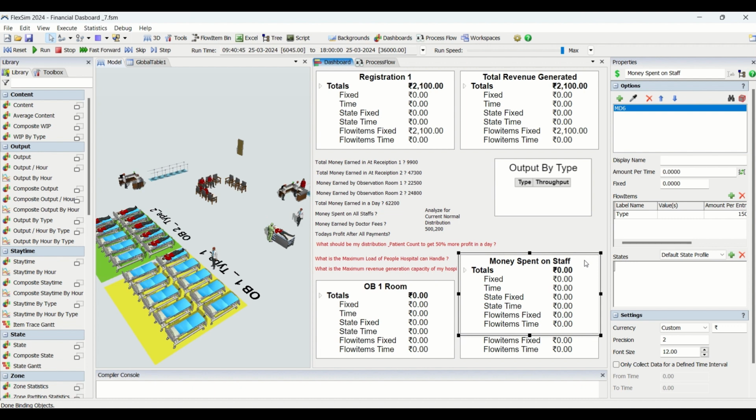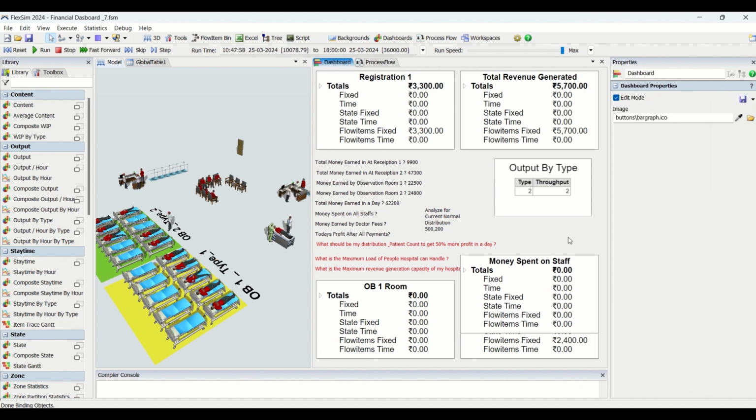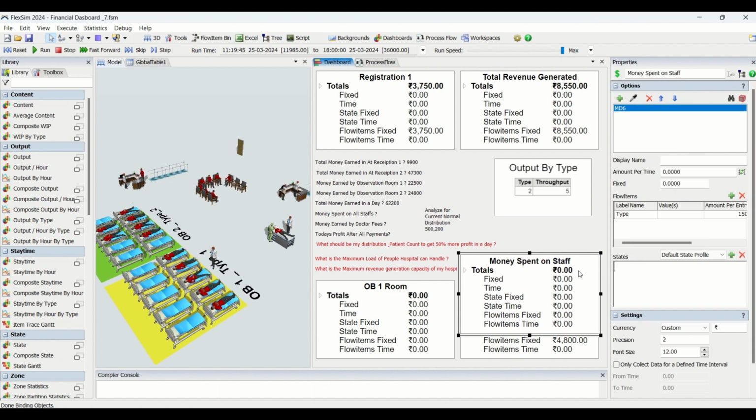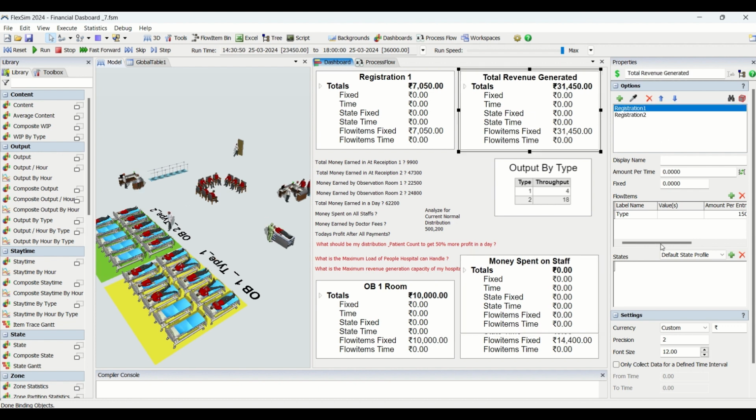So how has the money or the staff calculation been done? We are not getting any of the data, because we need to have data which has some trigger. For the reception, you might see that we are directly putting an amount of 150 per entry.